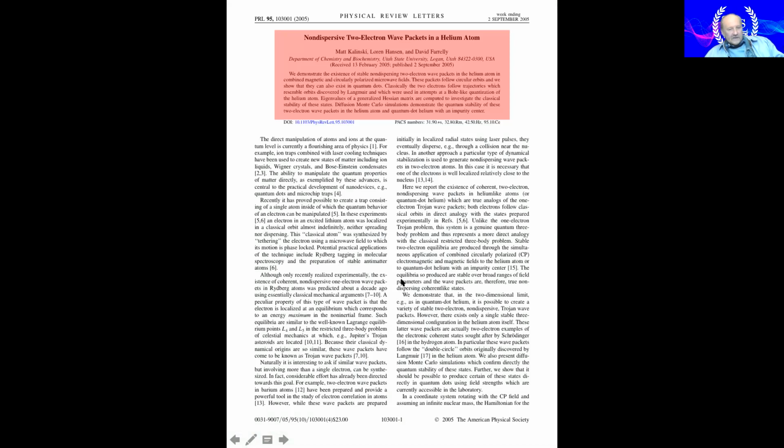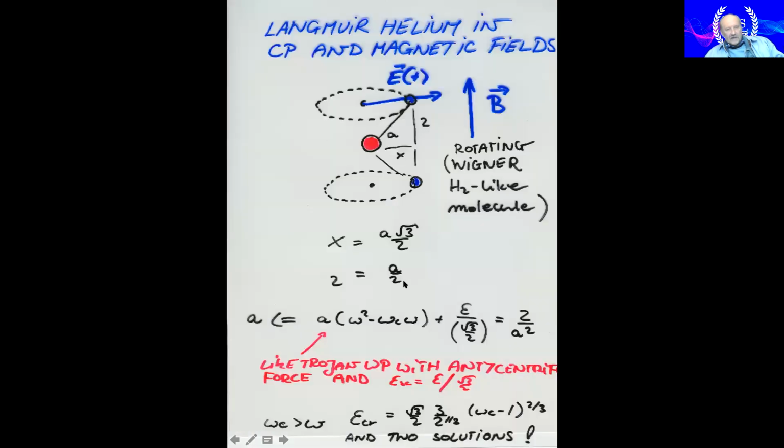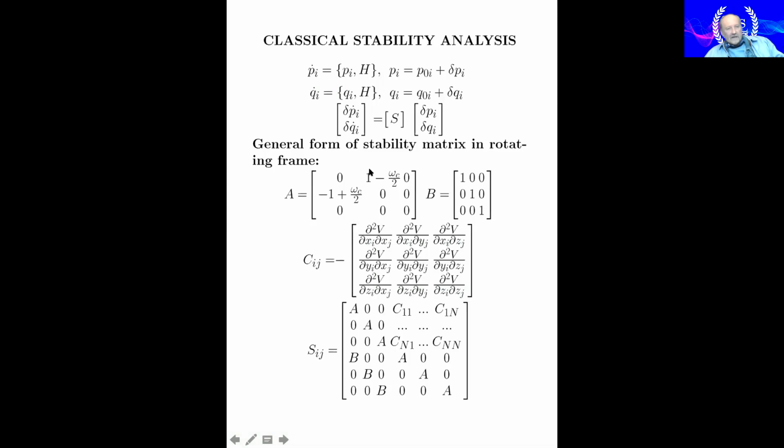and electric fields, and we found out that they can be stabilized. This is the classical stability analysis when you consider small deviations from the circular trajectories, or simply from the fixed point in the rotating frame. This is a general stability analysis for n electrons.